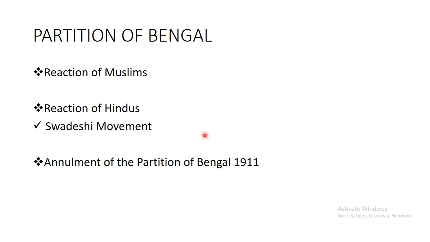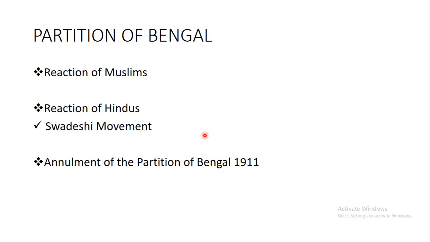As you know it well, Gandhiji was the leader of the All India National Congress, and his philosophy was based on non-violence. On the advice of Gandhiji, the Hindus started a movement called the Swadeshi movement. The Swadeshi movement was a complete boycott of foreign goods, or goods made by the British.